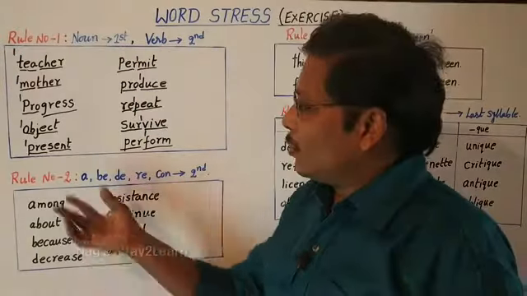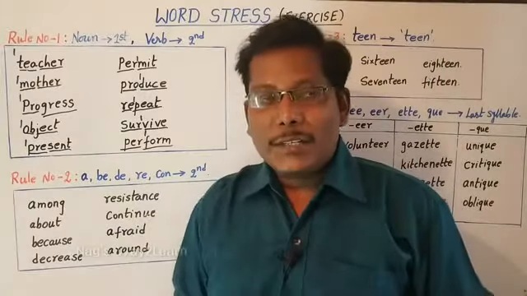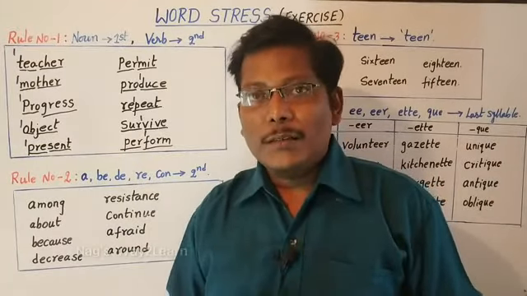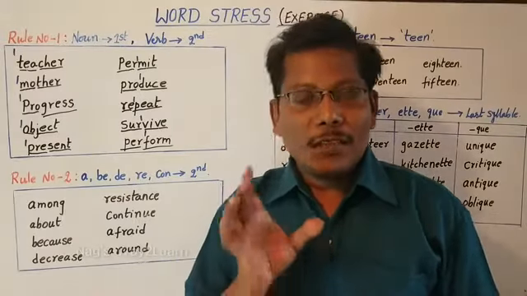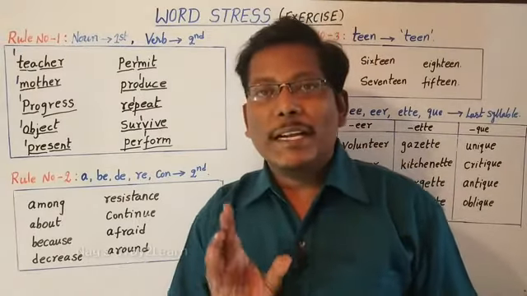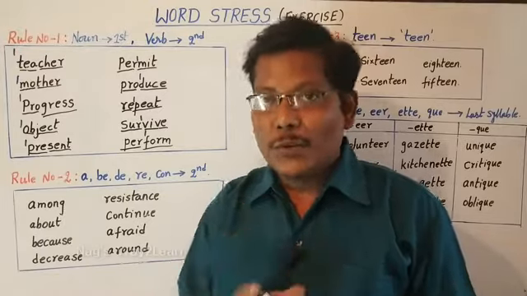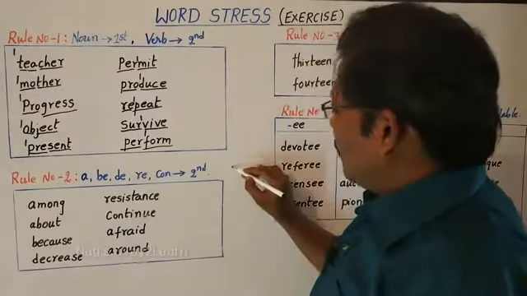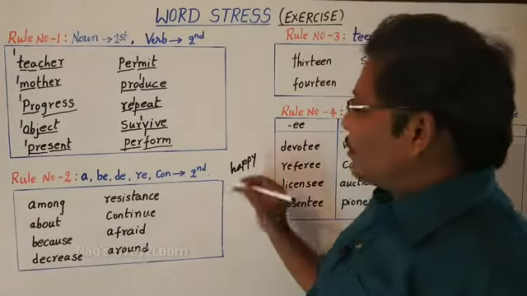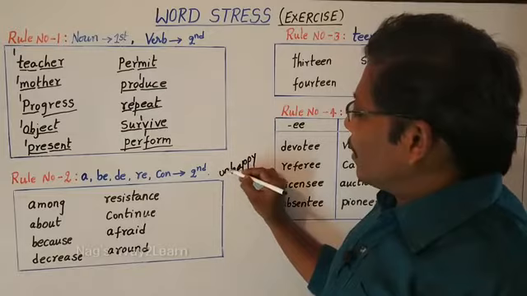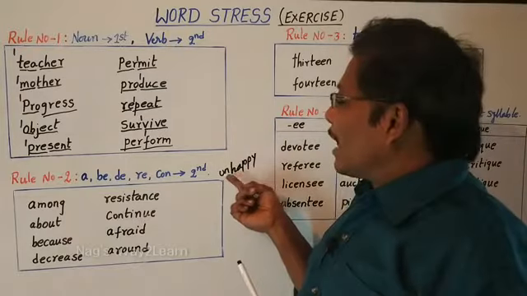Now let's see rule number 2. Yesterday I told you about prefixes. A prefix is nothing but one or two letters added in front of a word. For example, you see the word happy. If you add un, it will become unhappy.